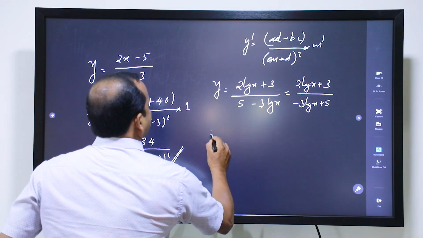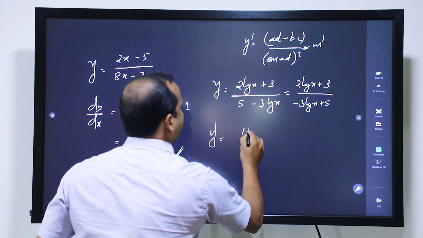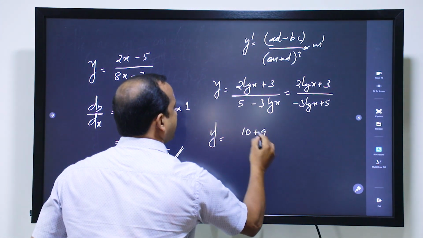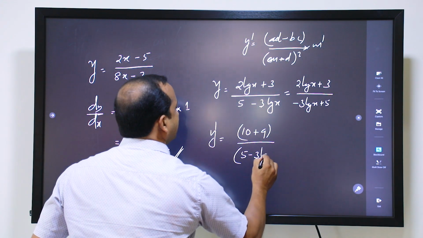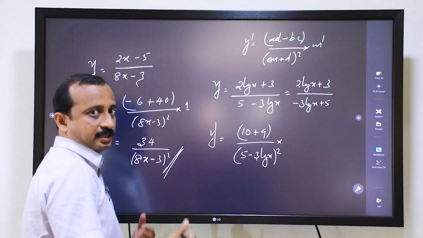Now the derivative becomes y dash: AD, that is 2 into 5, 10, minus BC, 3 into 3 is 9, minus or plus 9, the whole divided by (5 minus 3 log x) the whole square into the derivative of log x.